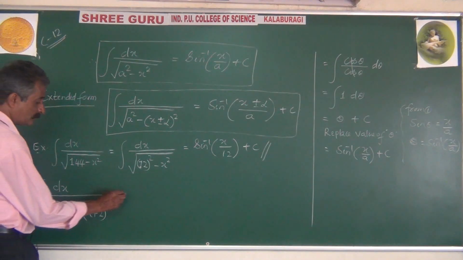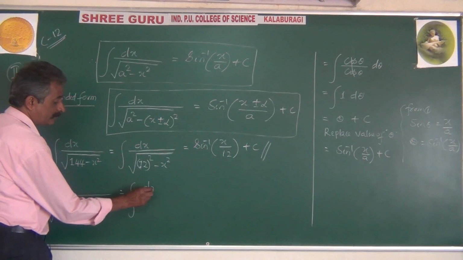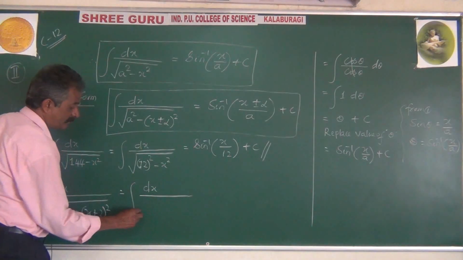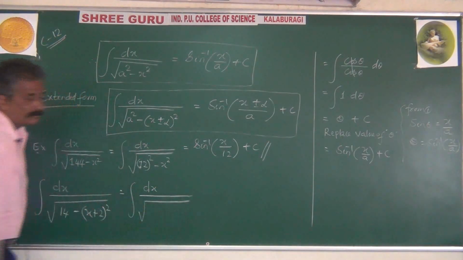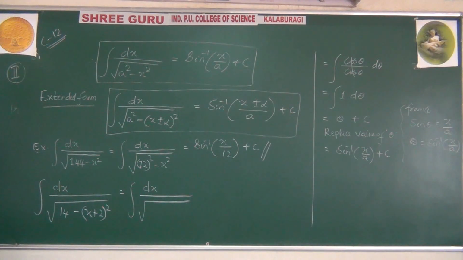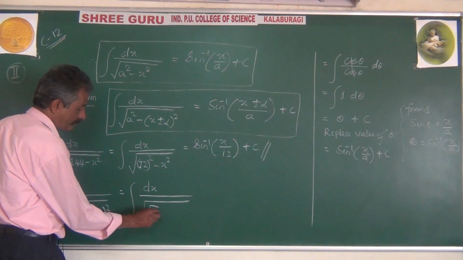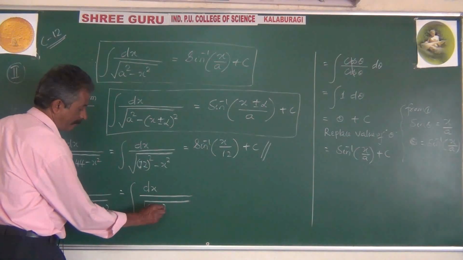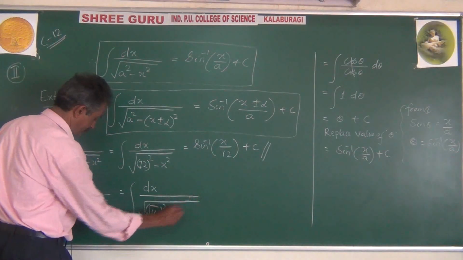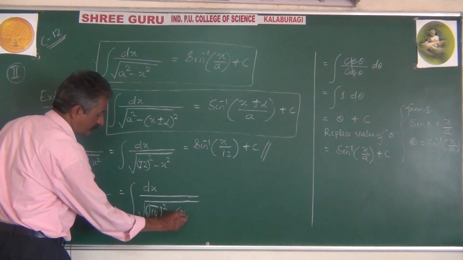One step we have to take: dx divided by square root of 14 cannot become 14 square, 196 can become 14 square. So 14 remains as root of 14 square, minus (x plus 2) whole square.